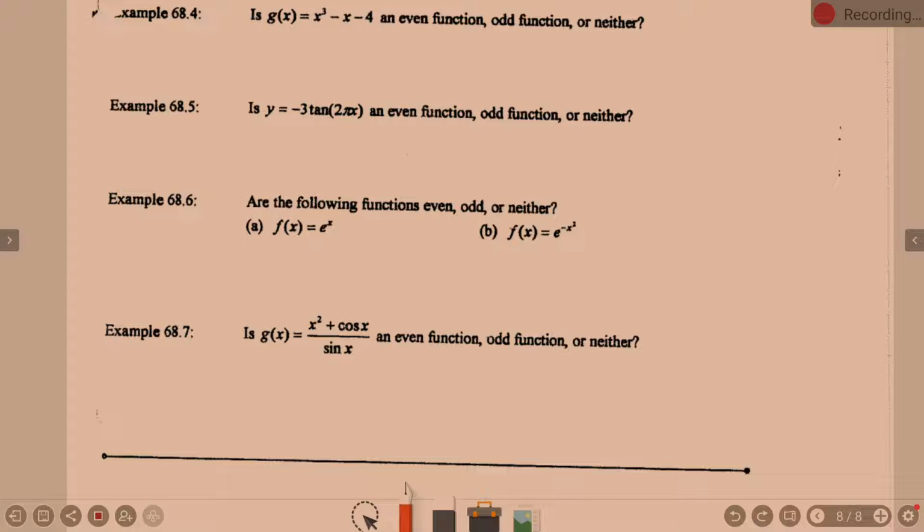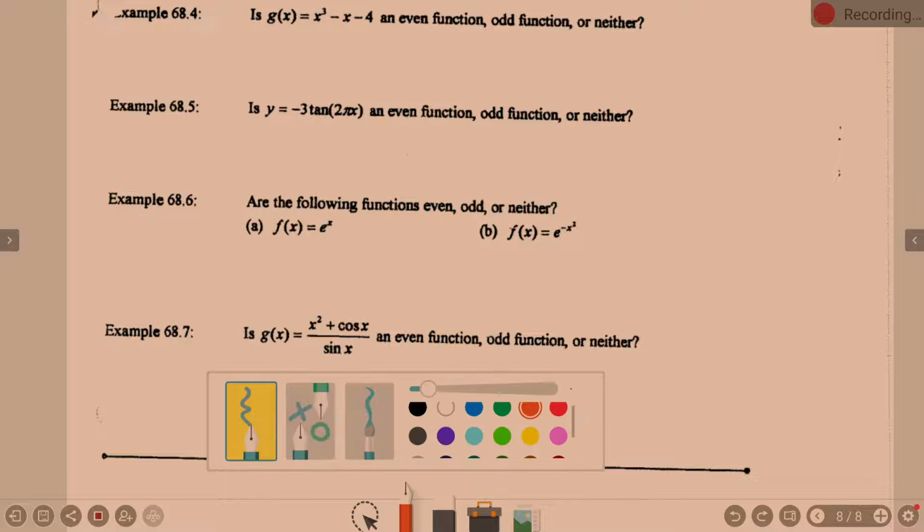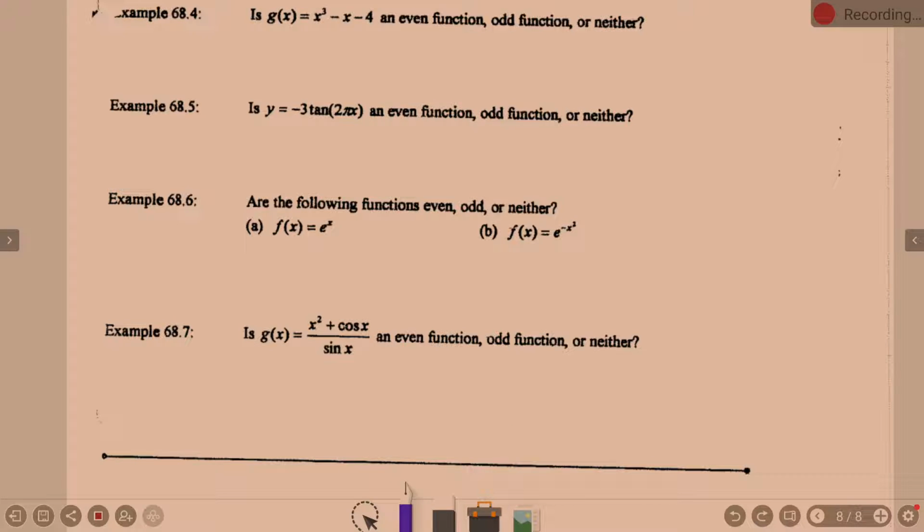Is g of x equals x to the third minus x minus 4 an even, odd, or neither function? So what am I checking? G of negative x. So negative x raised to the third, minus negative x, minus 4.